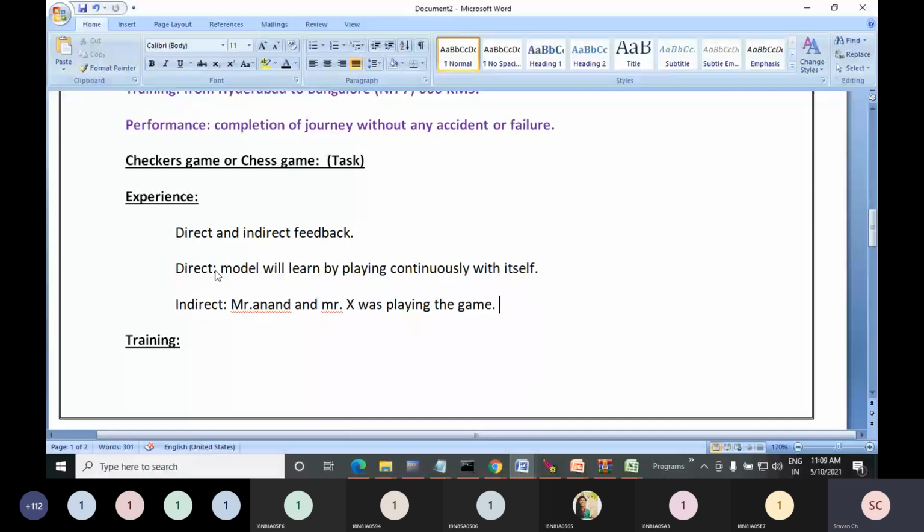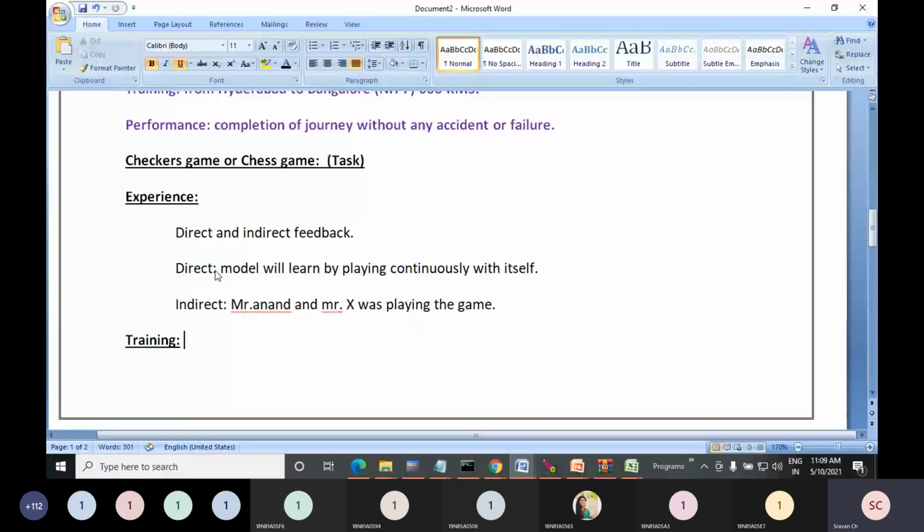So the training data which I learn from games played by humans, that is the indirect method of getting experience. If you closely observe, friends, training and experience are very closely related. I train the model and the model gets the experience.